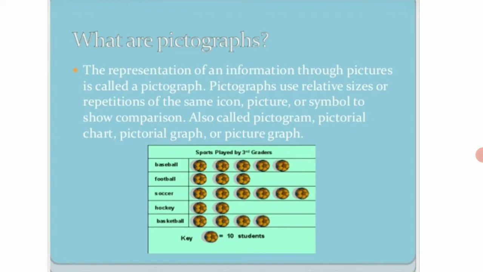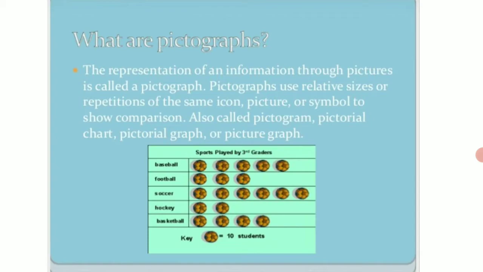A pictograph is also called a pictogram, pictorial chart, pictorial graph, or even a picture graph, children. Here, children, you can see the sports played by third grade children: basketball, then football, then soccer, then hockey, and then baseball.